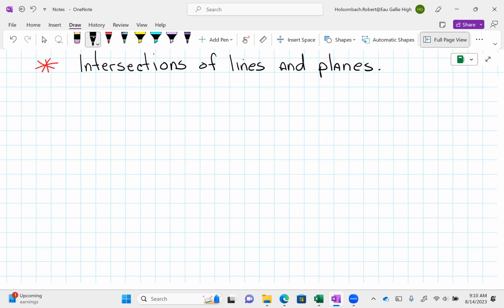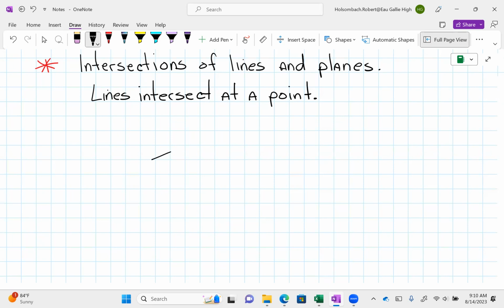This is important. Lines intersect at a point. Lines intersect at a point. We're on the bottom of page 6 right now.